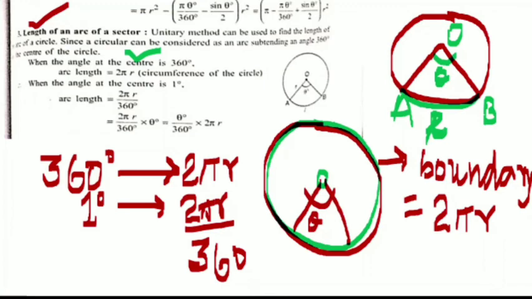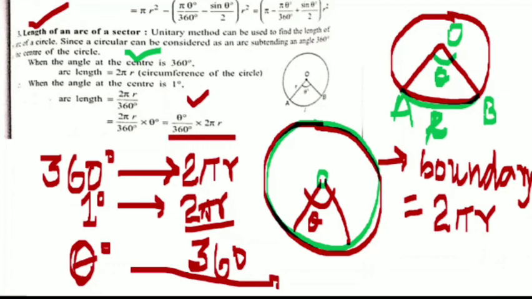When the sector angle is 1 degree, the arc length is 2 pi r upon 360. By the unitary method, for theta degrees the arc length becomes 2 pi r upon 360 into theta. Let me write it once again: 2 pi r upon 360 into theta, which is the formula here. So this is how we can find the length of an arc of a sector.